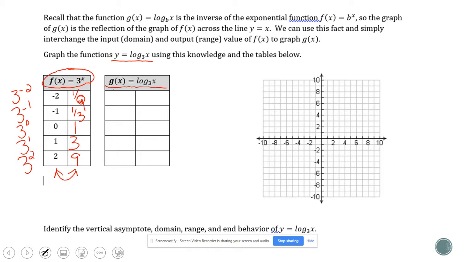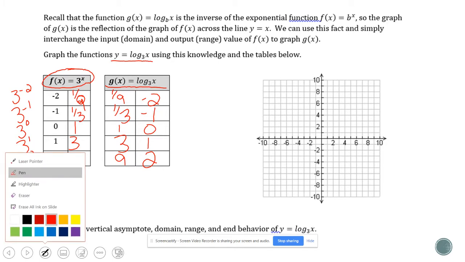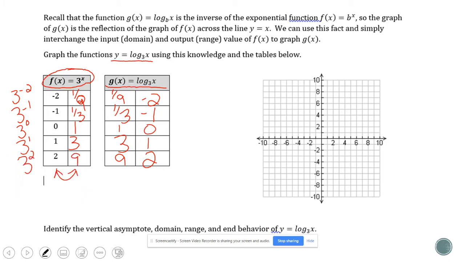So rather than negative 2, 1/9, we have 1/9, negative 2, 1/3, negative 1, 1, 0, 3, 1, 9, 2. These are the new points for our log base 3 graph.